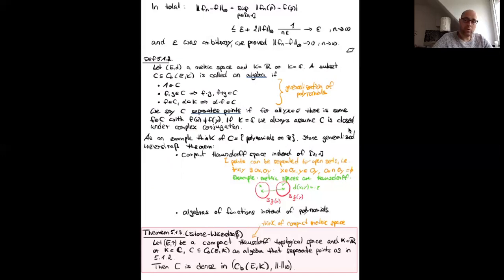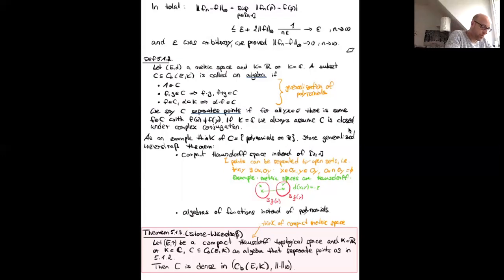Okay, so I'm going to prove the Stone-Weierstrass theorem for compact Hausdorff space. As I said, we don't need a metric space, we need some topological spaces. So what is a Hausdorff space? A Hausdorff space is a space in which the topology separates points.